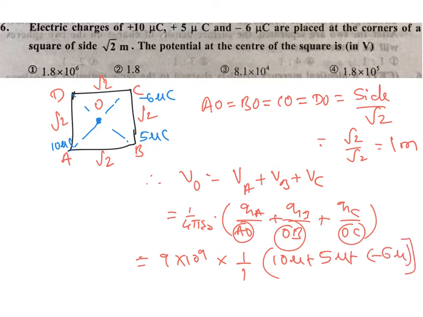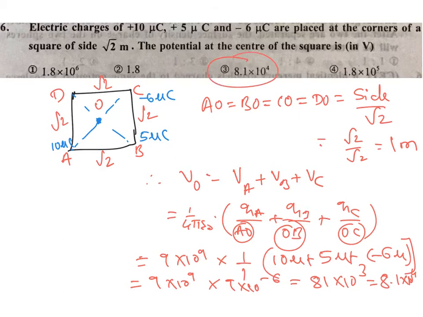So we get 9 into 10 to the power of 9 into 9 micro, 10 to the power of minus 6, which is 81 into 10 to the power of 3, or 8.1 into 10 to the power of 4 volt is the right answer. Option C or option 3 is the right answer for this particular question.